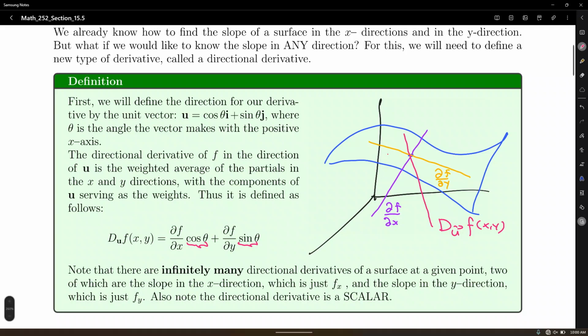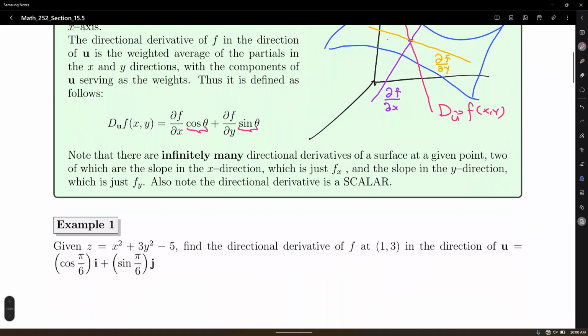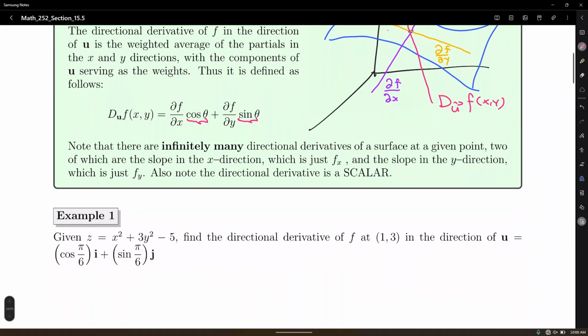Okay. So given the equation of the surface z equals x squared plus 3y squared minus 5, I can tell this is an elliptic paraboloid because both variables are squared and the coefficients are different. So that's going to make it an elliptic paraboloid, and it's shifted along the z-axis down 5 units.